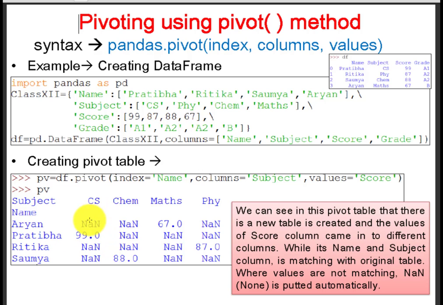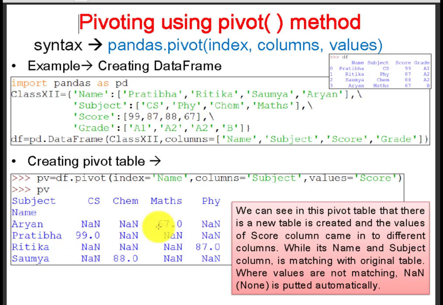Aryan has no value, so that's why NaN is assigned here. Clear? Not available. So NaN will be assigned here. And Ritika also has no value, so NaN. And Soumya also has NaN.